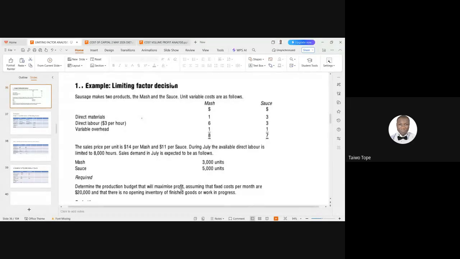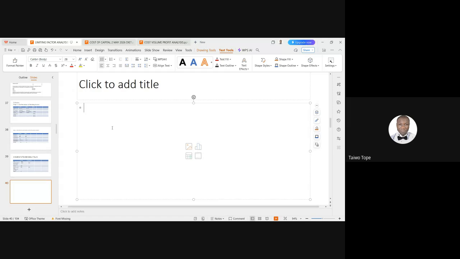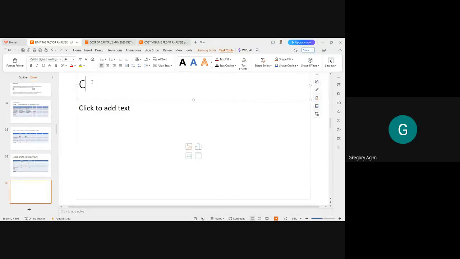Now, for you to determine profit, I explained that there are different ways to compute contribution, right? So who can tell me the 2 ways to compute contribution?